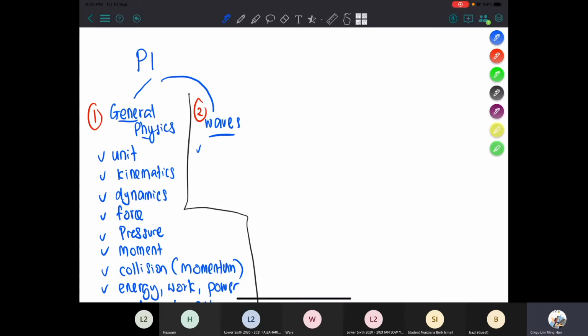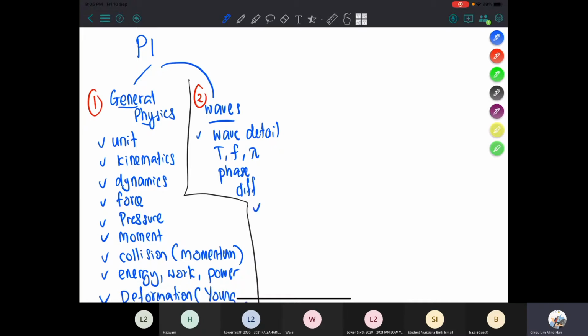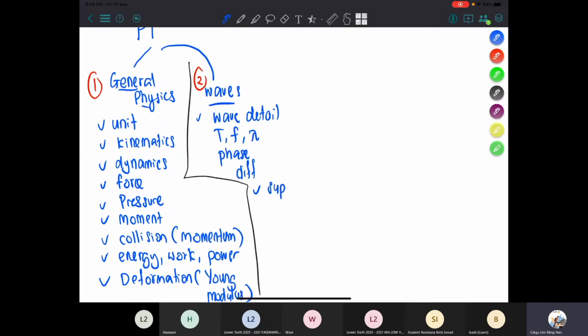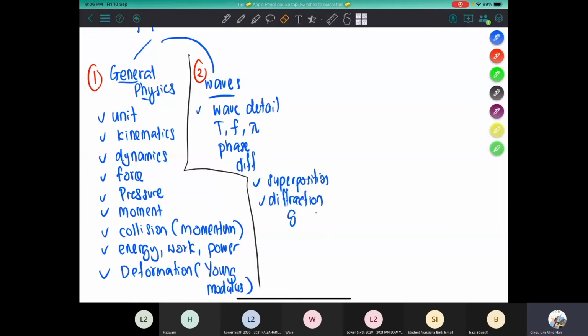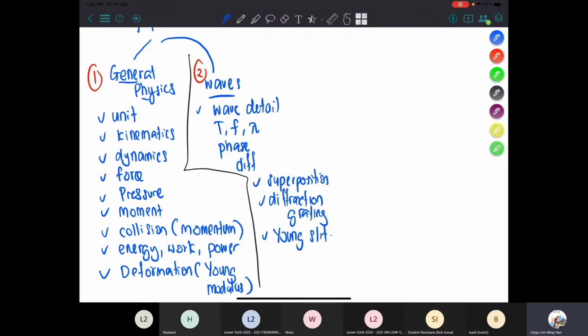In this part, we will study waves in detail, for example the period, the frequency, the wavelength, and the phase difference. In waves, we also study superposition, diffraction grating, the Young slit, and stationary waves. It's also part of the main component.